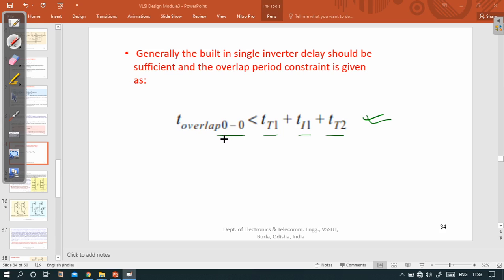That is, the undesirable change in the output value will not occur if this condition is satisfied.